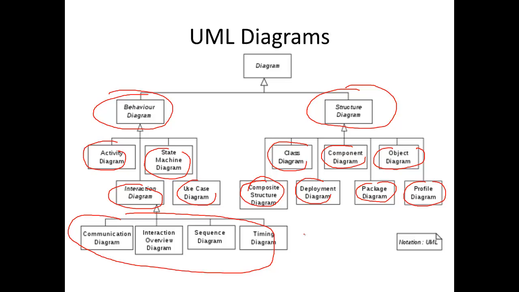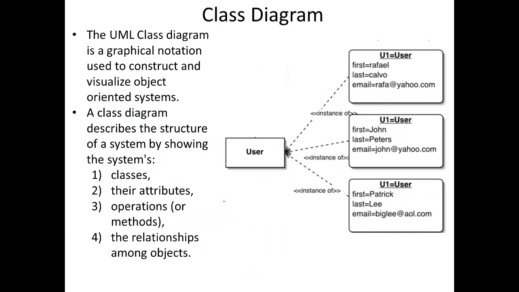If you really want to learn, it takes perhaps one semester or something. But we really care about just some of them, okay? One is the class diagram. Class diagram, in fact, is similar to the class we used in Java and C++.